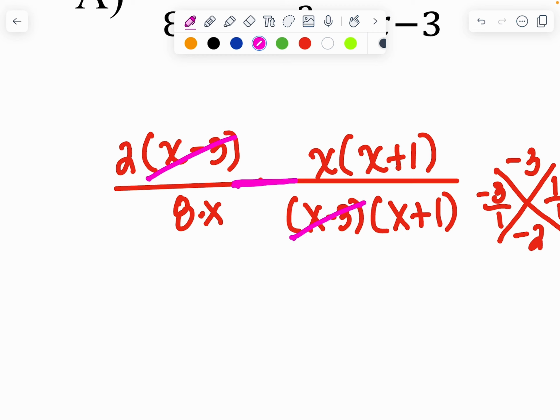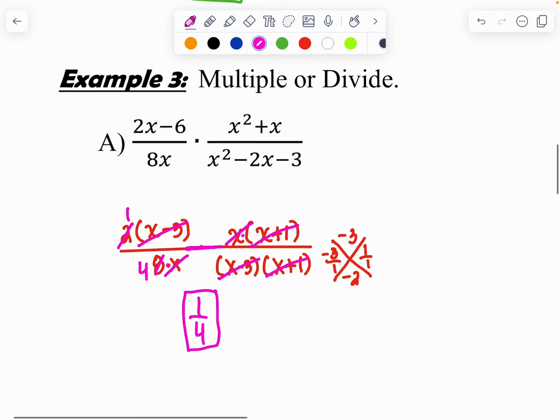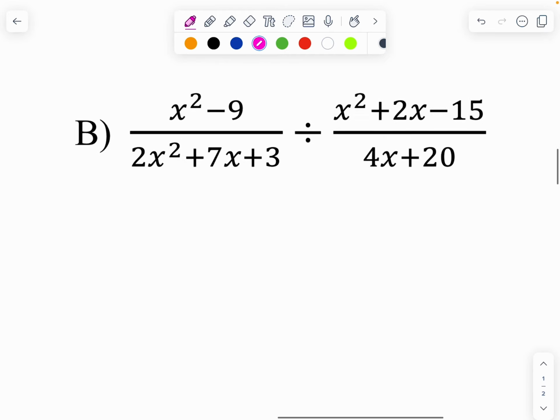X minus 3, x minus 3, x plus 1, x plus 1. Now, this is a factor of x, right, because this is multiplication. This is also a factor of x because this is multiplication, so those can cancel. Then I have a 2 over 8. 2 goes in here once, 2 goes in here 4 times, so the final answer is 1/4. They're not always that beautiful, okay? We worked really hard to make that pretty.